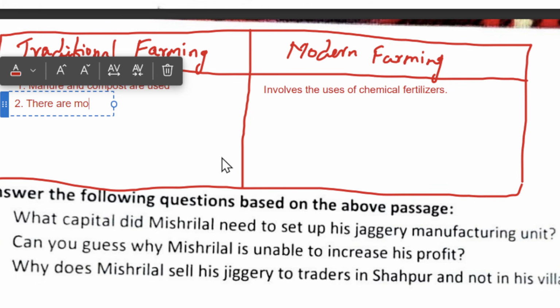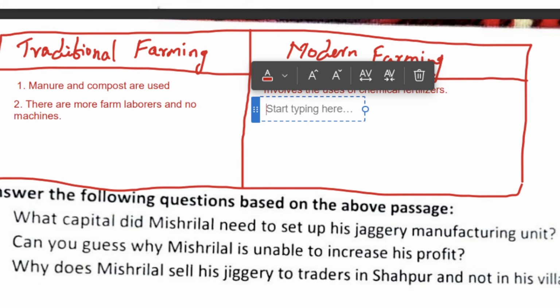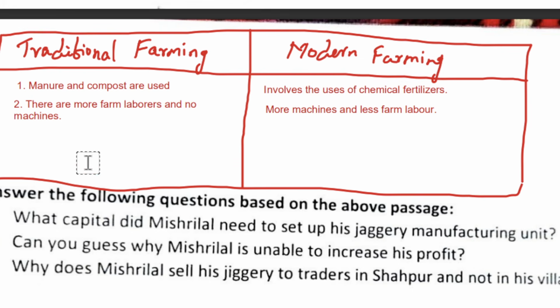So there are more farm laborers and no machines here. And here we have more machines and less farm labor.